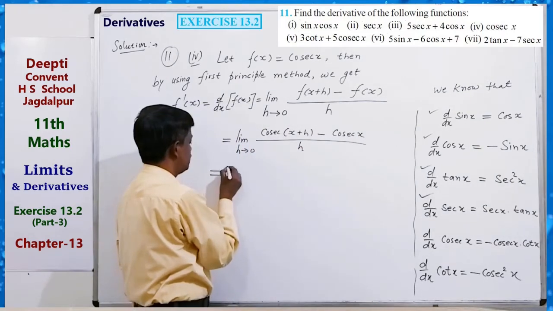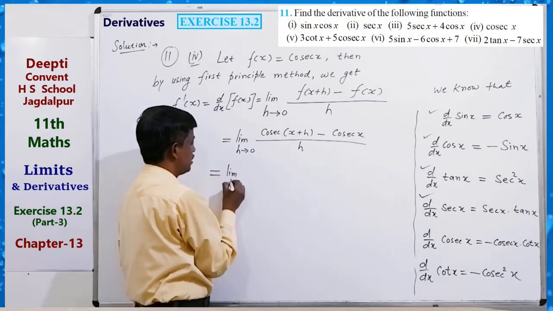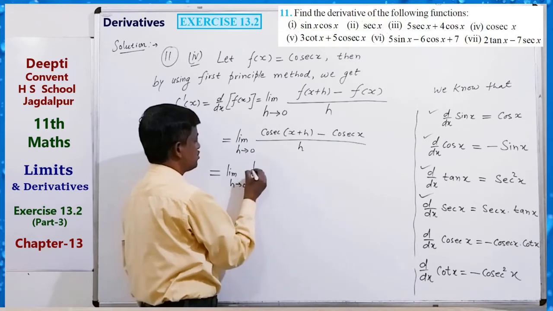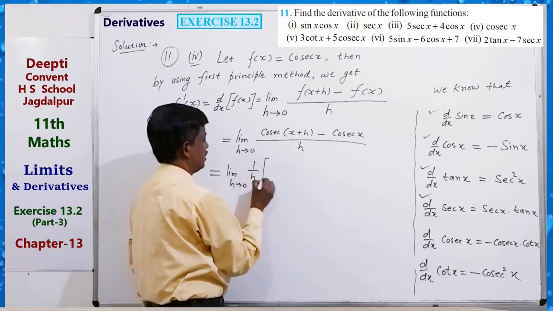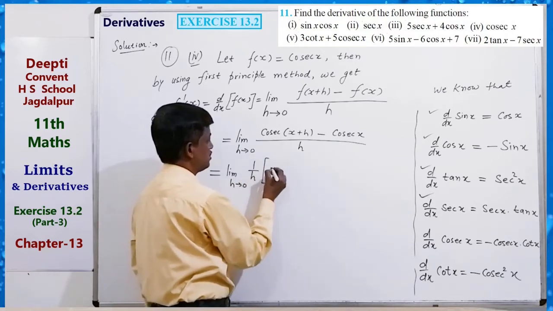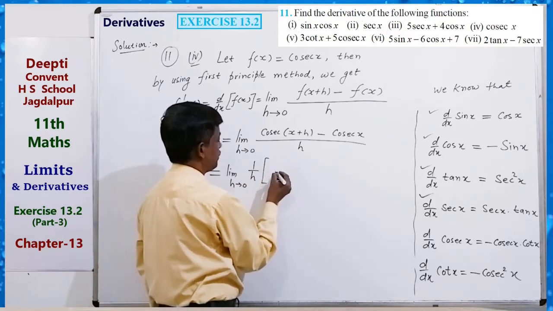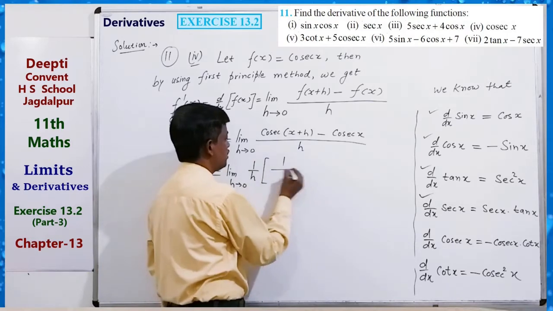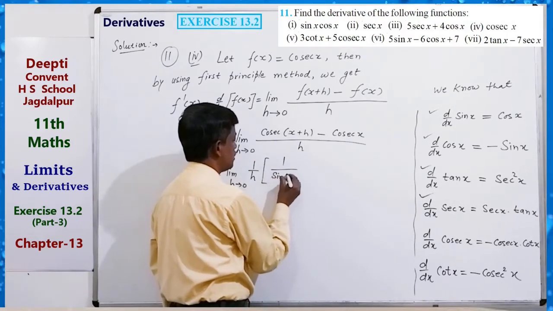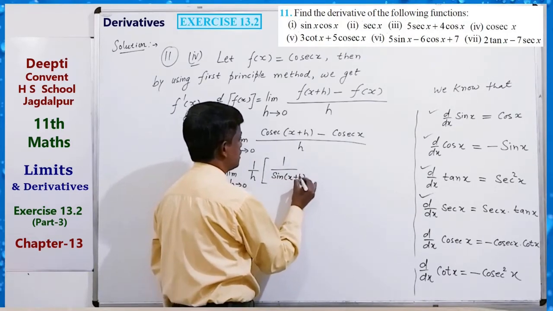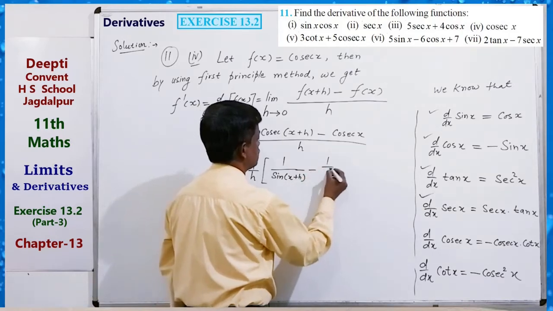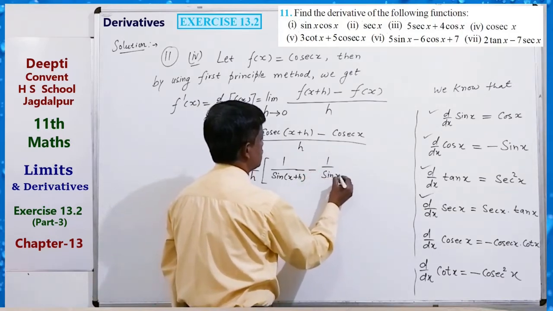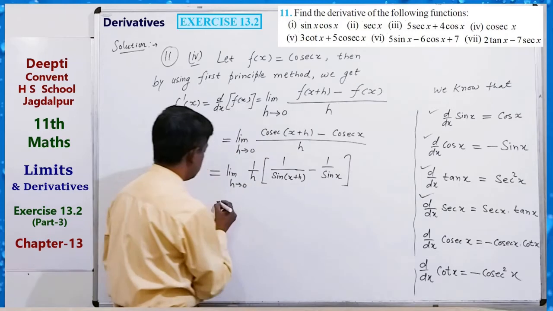So just do it as the same procedure as from the previous question. What? 1 by h is here, and cosec can be written as 1 by sine x plus h minus cosec, 1 by sine x. Now take LCM.